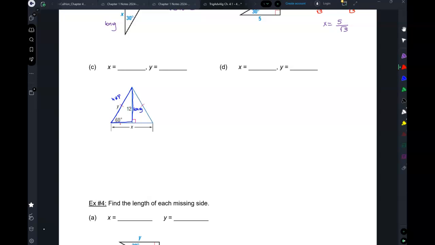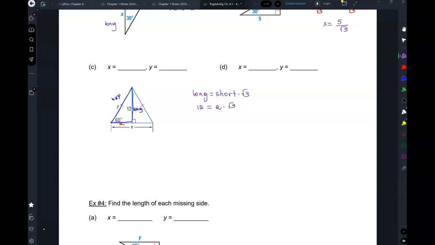I'm going to call it A, right? It's just that little part. X is much bigger. That's just A. So now, okay, we have the long. Let's find the short. Long is short times root 3. So 12 is A times root 3, right?